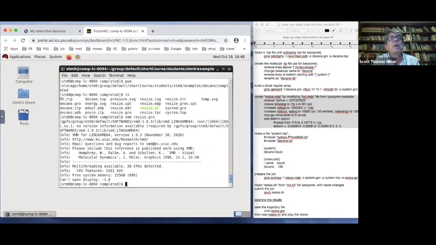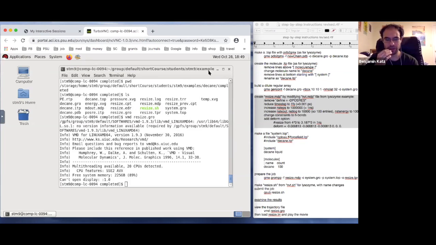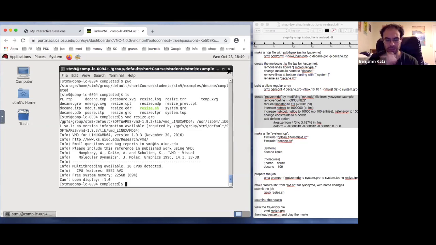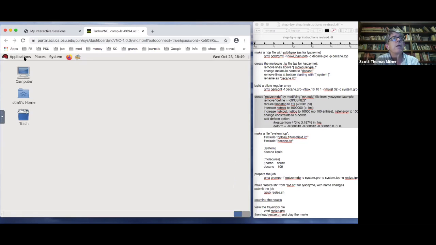what? That's not what I wanted to see. You mean it can't open this display? Yeah, that's what I'm talking about. Usually when my background of the session looks like that, it's had some problem connecting to the display, the X window terminal. Okay, thank you, Ben. I will exit that terminal and make it try again.